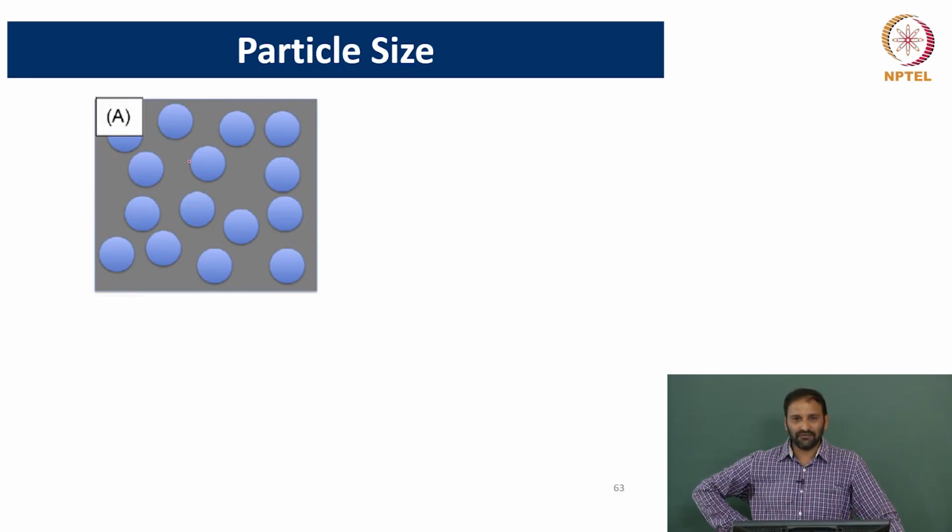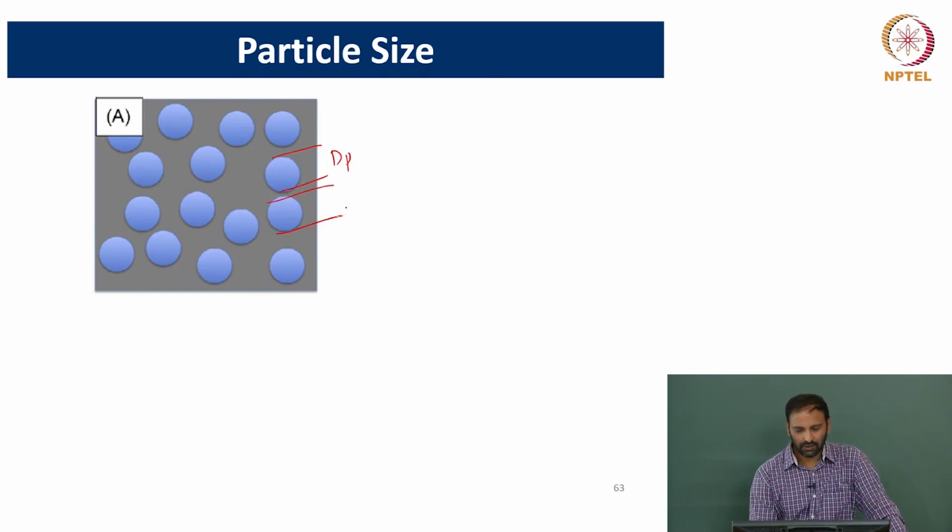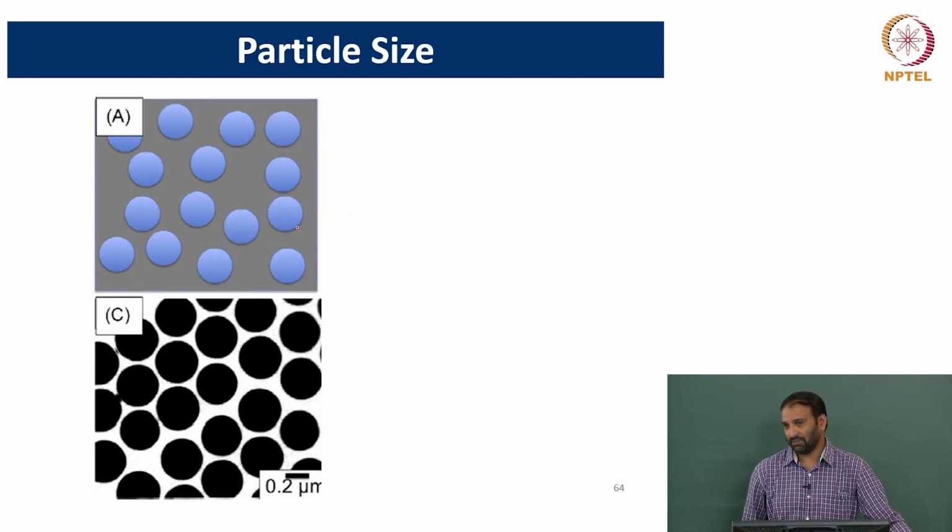These are particles that look of the very same size, right? They look like the diameter of each of the particles is exactly the same, right? And of course, you can make such particles in the lab.